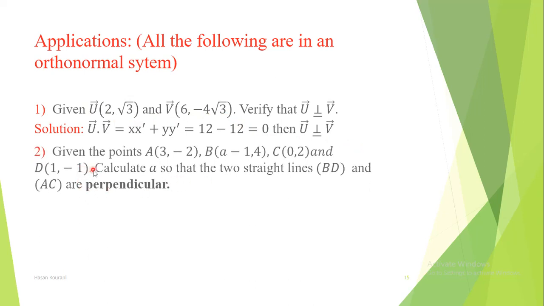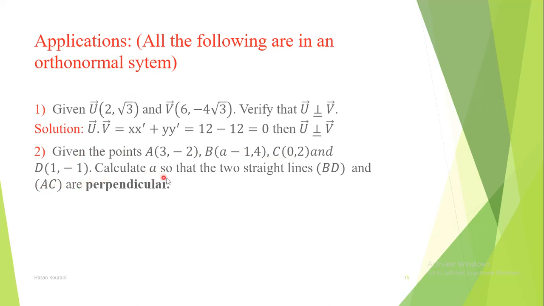Here we have another good application, and it's useful for us in our exercises and our homeworks. Given the points A, B with unknown abscissa a, minus 1 of ordinate 4, and C 0, 2, and D 1, minus 1.